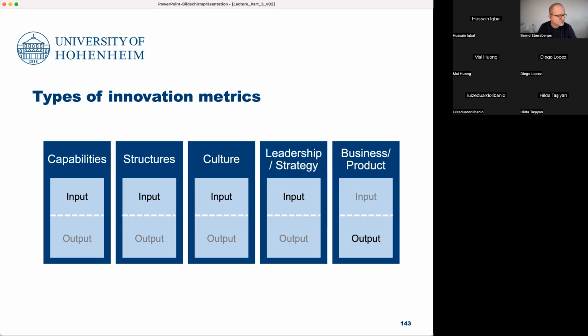For you as a manager, at which one of these metrics do you really look? And is there a difference for you as a manager?